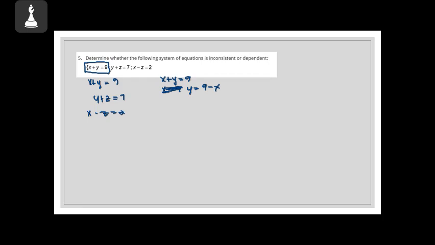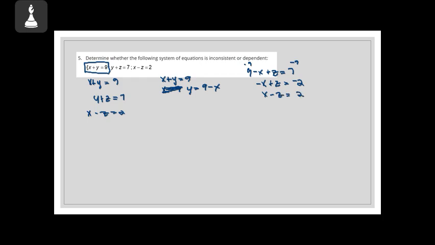Instead of y plus z equals 7, I now have 9 minus x plus z equals 7, which means negative x plus z equals, if I subtract 9 from both sides, negative 2.